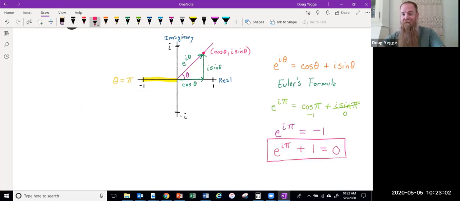Every one of these numbers, because of Maclaurin series, has now shown up in one simple formula.